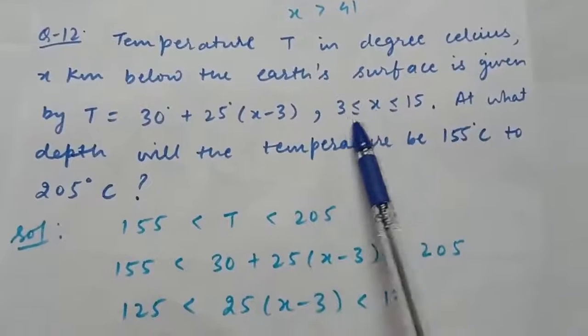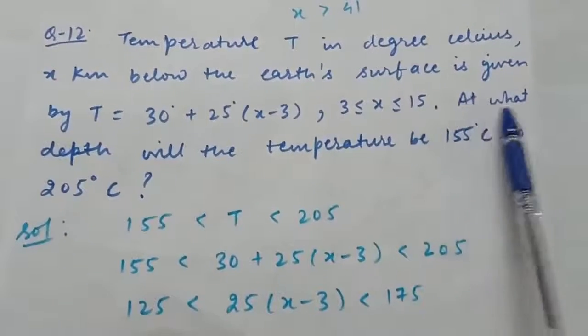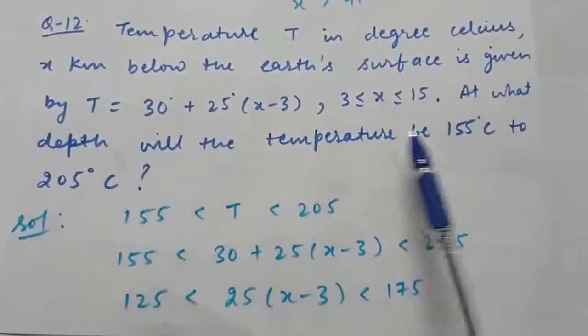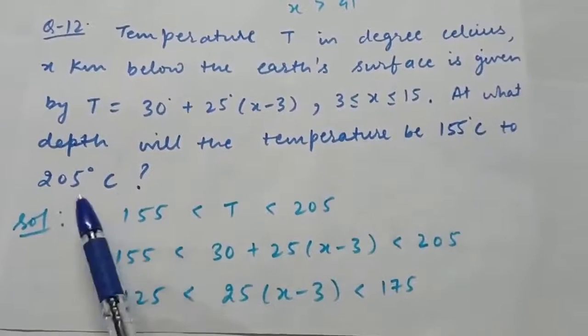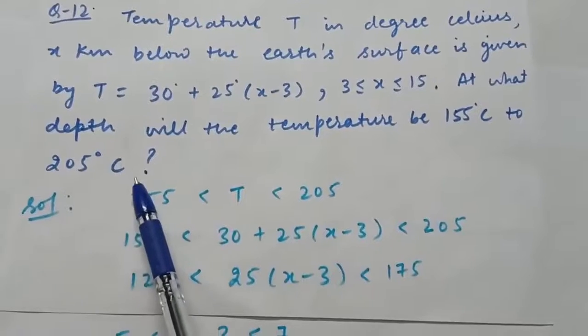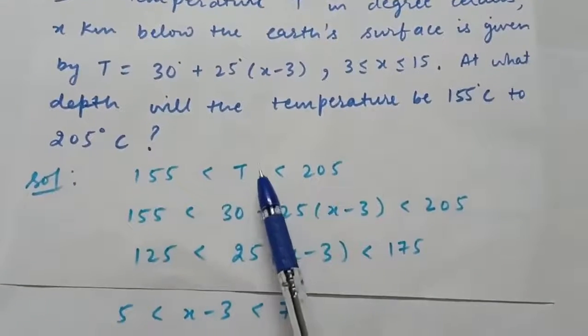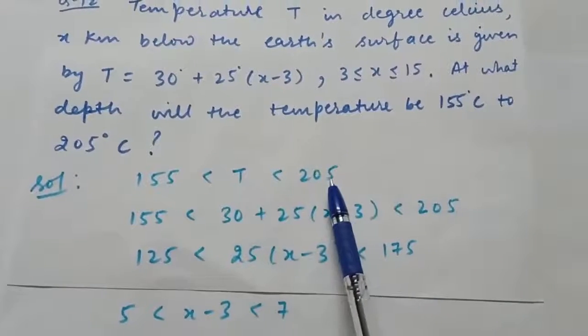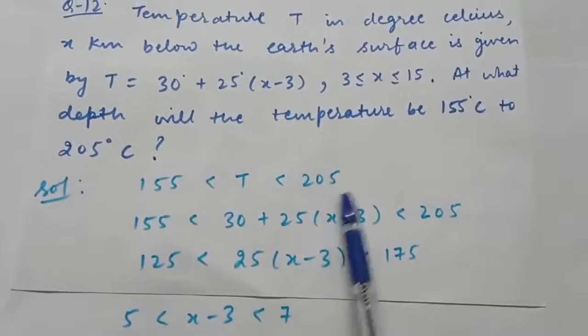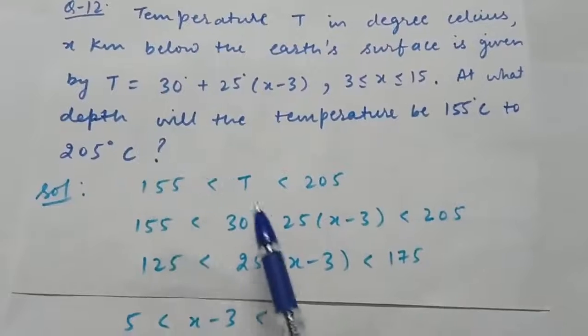Also x lies from 3 to 15. At what depth will the temperature be 155 degrees Celsius to 205 degrees Celsius? So they have given the range of the temperature, 155 to 205. We have to find the depth, that is the value of x.